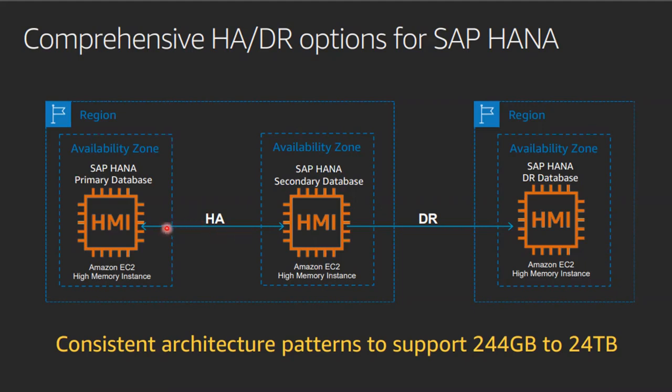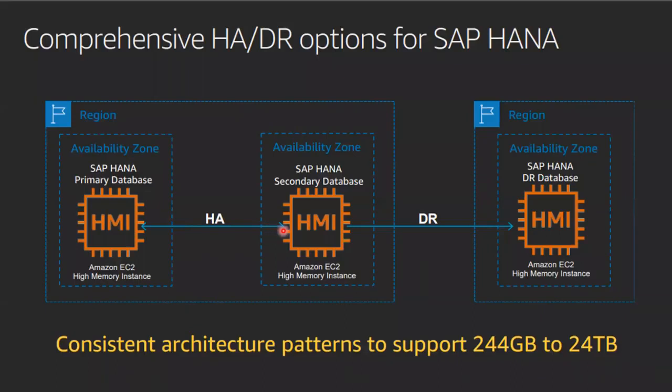The connectivity between these two availability zones, I would say, would be single digit millisecond latency. It won't go beyond 10 millisecond latency. So you'll have better connectivity between your AZs, and you can configure replication between your HANA DB instances.